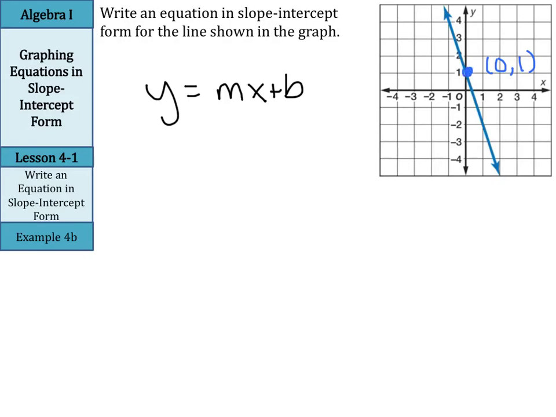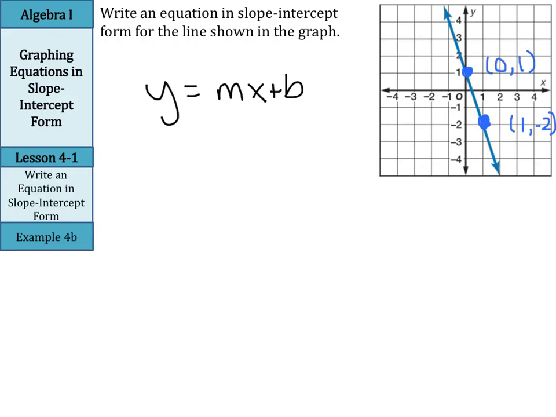And now let's look for a point on this line that crosses nicely that we can identify. As we go down, I think we have one right there. We also have one up here. And you could pick either to help you solve this. I'll pick the one down below, and this is at 1, -2.